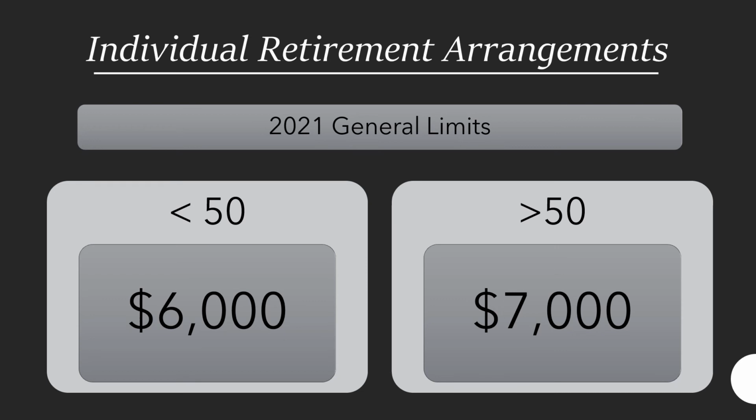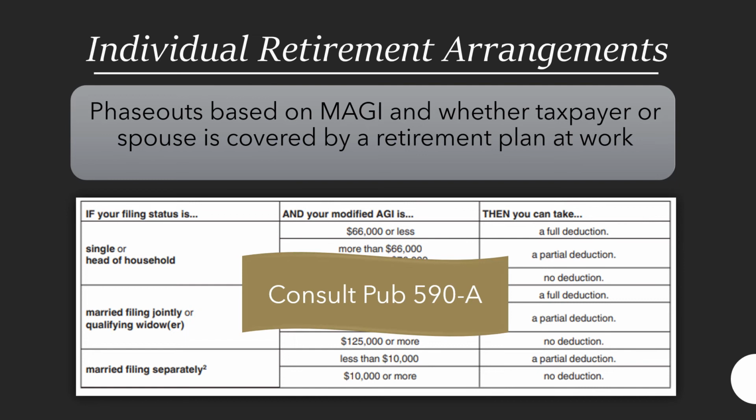It's an individual retirement account. Now, that global contribution limit can get a little more complicated. There are phase-outs, and those phase-outs are based on modified adjusted gross income and whether the taxpayer or the spouse is covered by a retirement plan at work. I took a table here from Publication 590A.